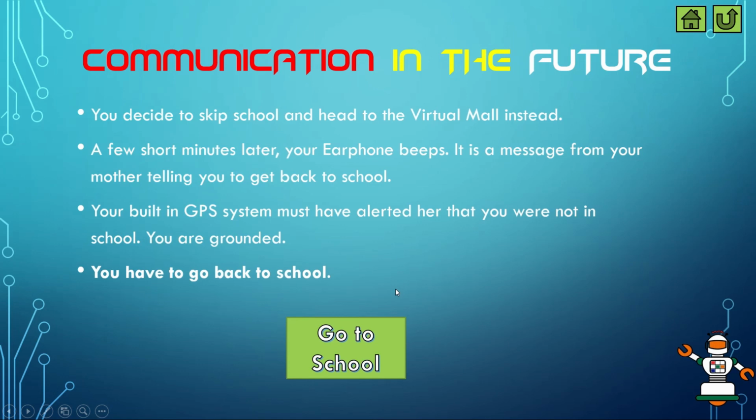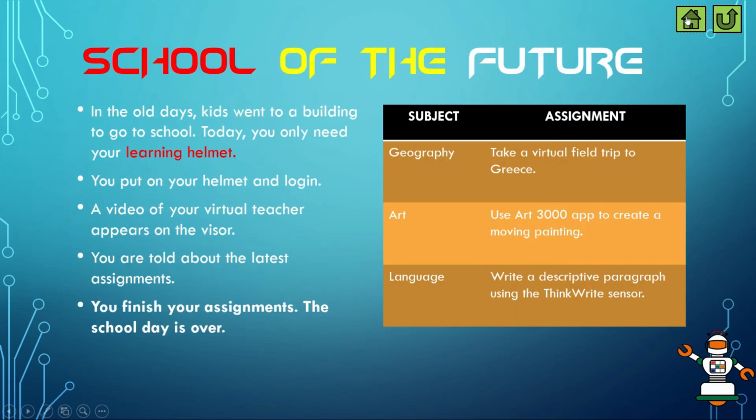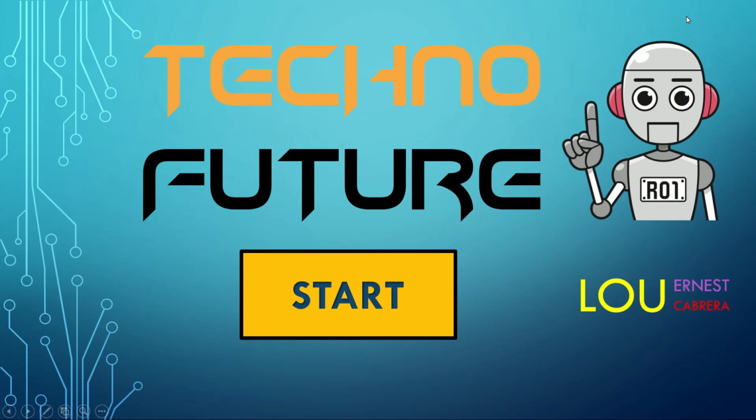That's the sound. Okay, then click go to school, click home for that. So you have slide number 1, 2, 3, 4, and then you have your assignment number 6 to 11.